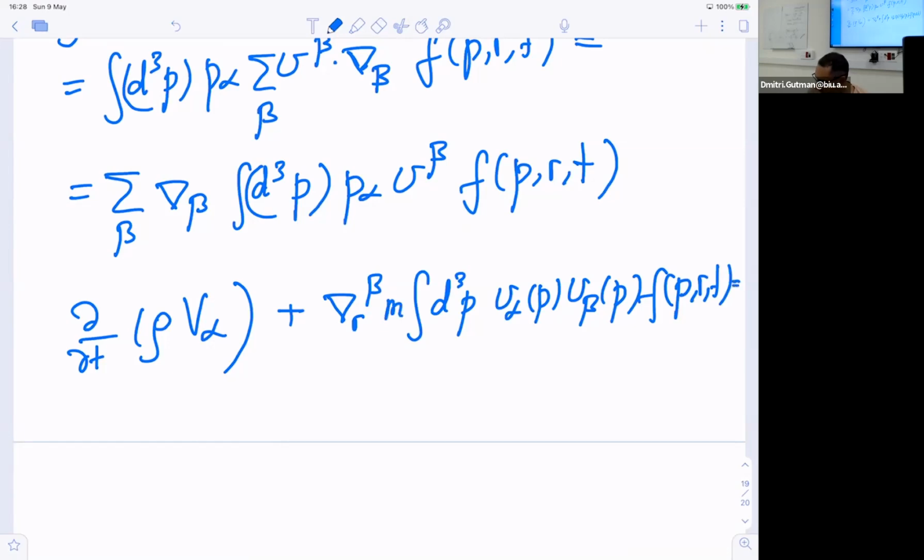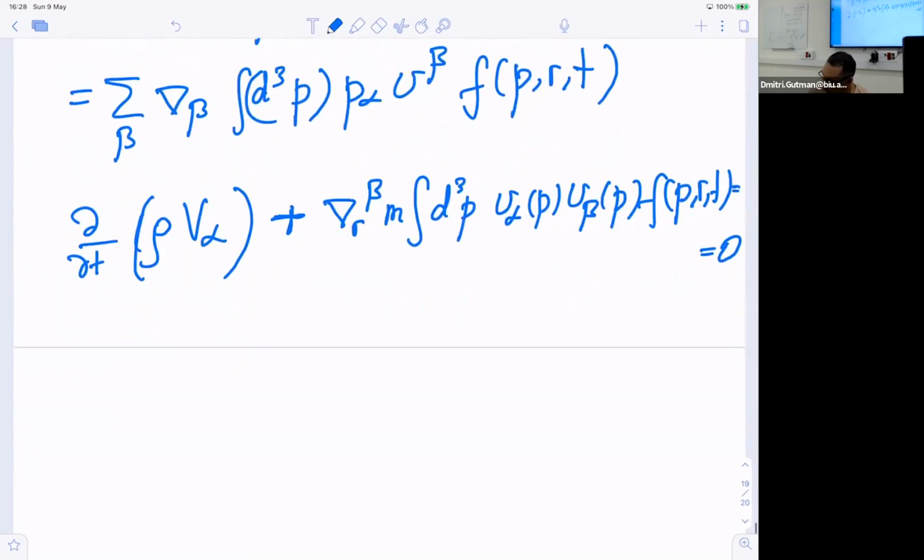And all this is equal to 0. Now, what is nice about this object is that I'm getting a time derivative of something plus the divergence of some tensor.